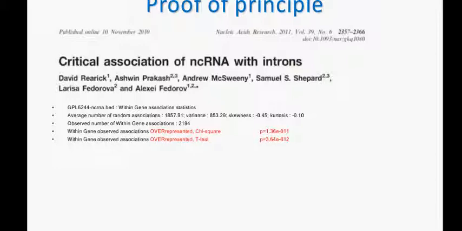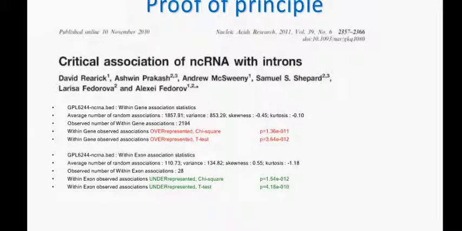Genome Runner identified that non-coding RNAs are associated with genes. Where in the gene are they? Genome Runner tells us that non-coding RNAs are underrepresented within exons. So if they are within genes, and not within exons, they should be within introns, pretty much as the authors identified.